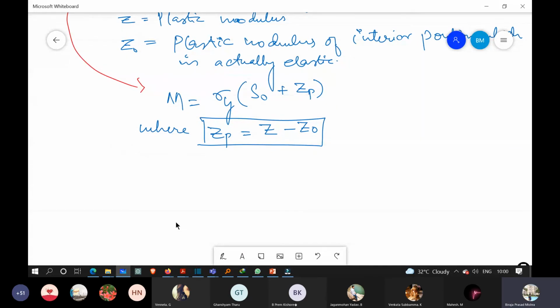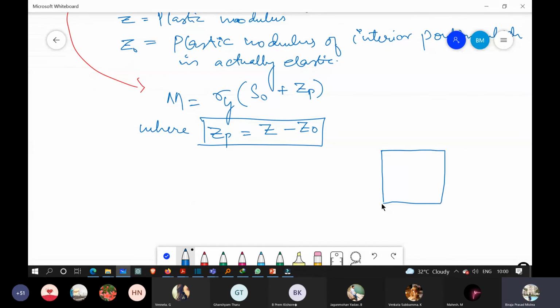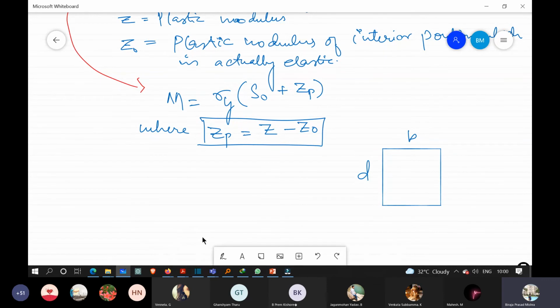Therefore, now let us take any rectangular section, where this is b and this is d.